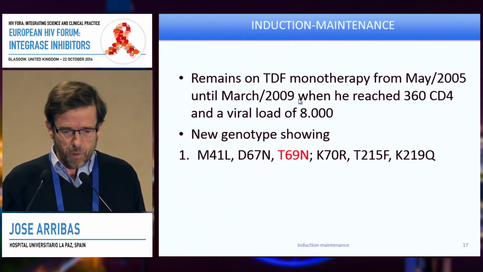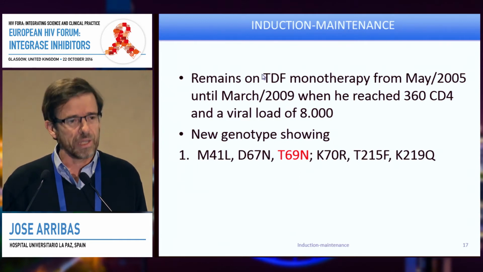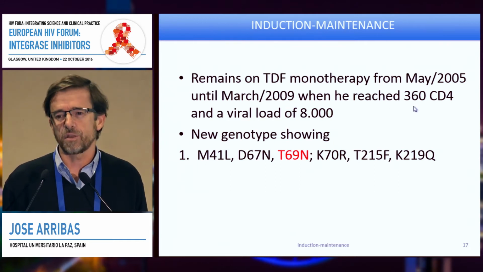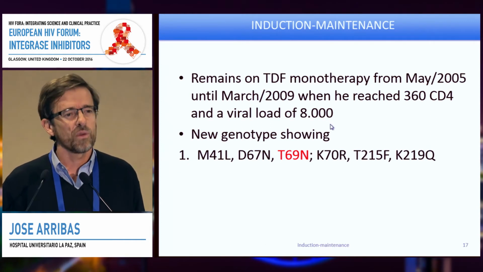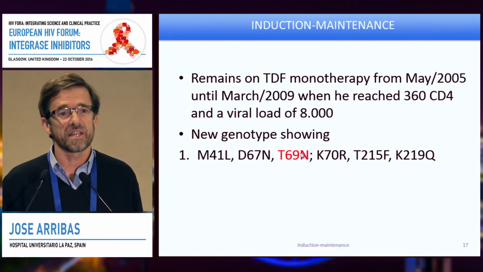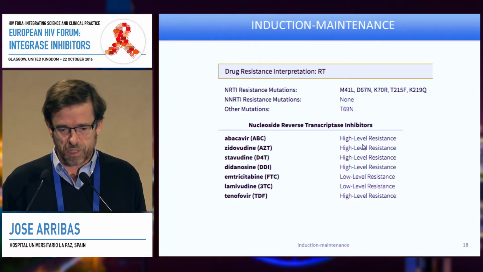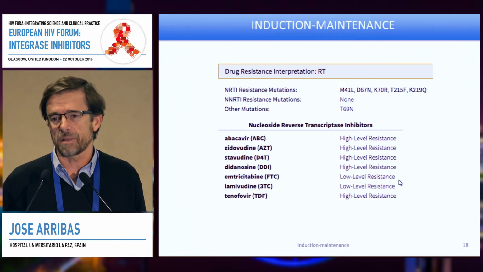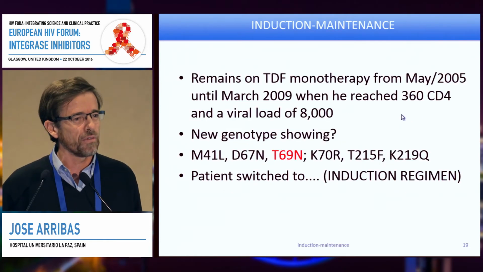So we remained on TDF monotherapy for 4 years, actually. When he reached a CD4 cell count of 360 and a viral load of 8,000, we did a new genotype, and the genotype is identical except T69N. That doesn't add much, right? So you put here T69N, doesn't add much. But now you are close to 360, 350 that we were.